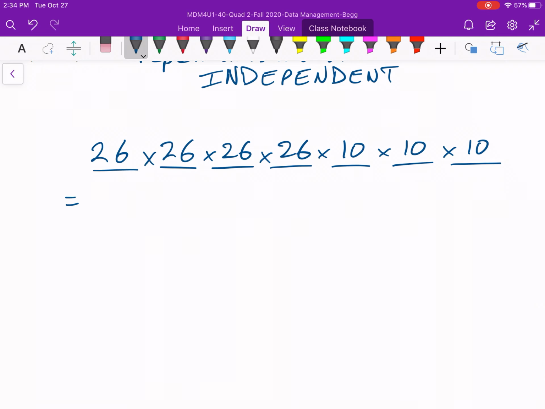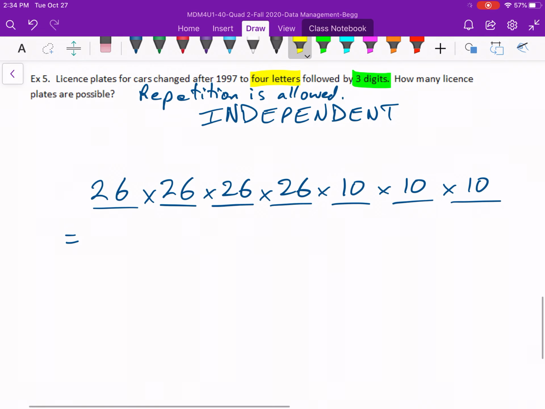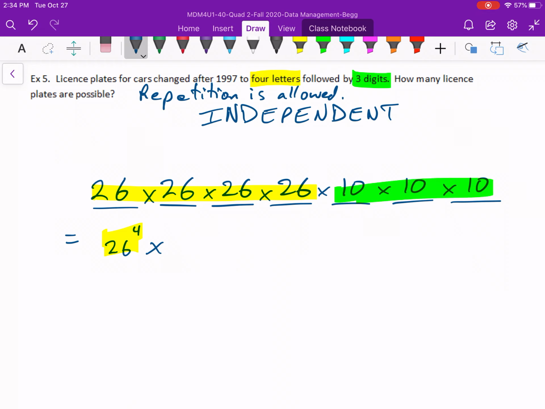I could write it even shorter. So again, we've got 26 times itself 4 times. That's just the same as 26 to the exponent 4. And we've got 10 times itself 3 times. That's just 10 to the exponent 3. So I could use that as a shorter way of writing it.